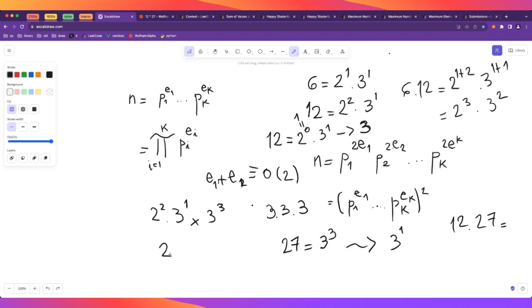So this is going to be 2 to the 2 times 3 to the 4, and this is 9 squared and 2 squared. So it is 18 squared.